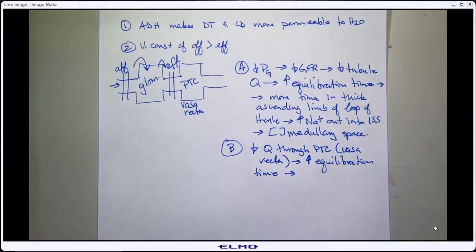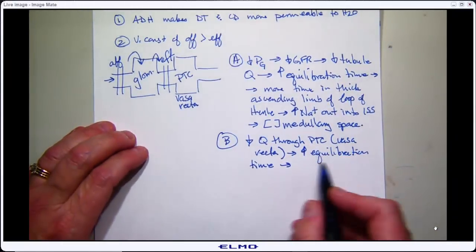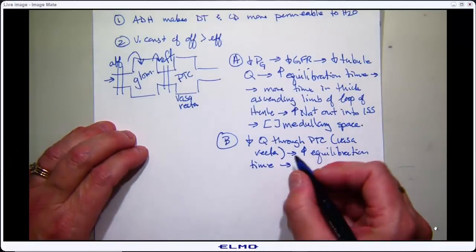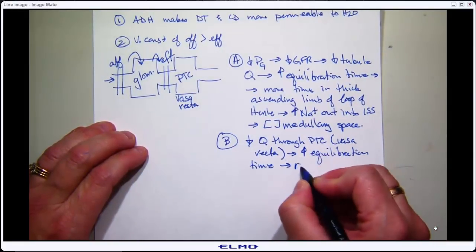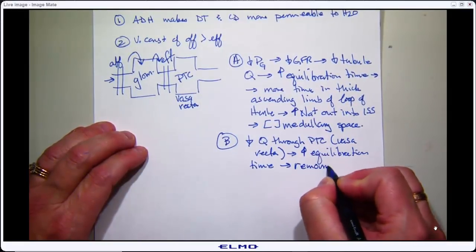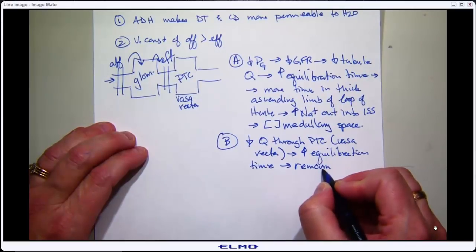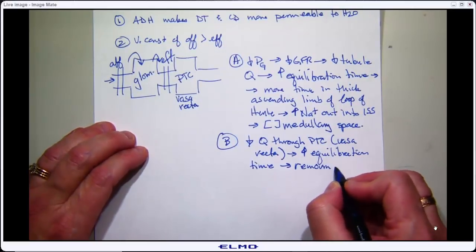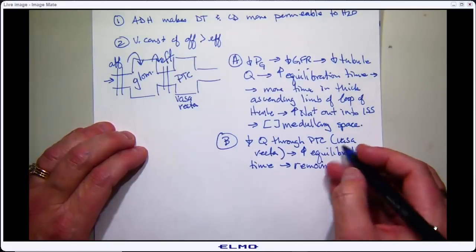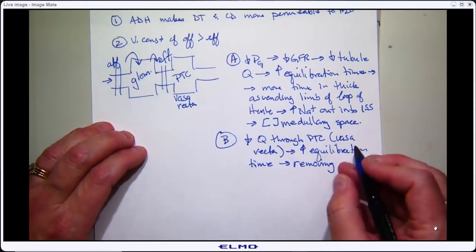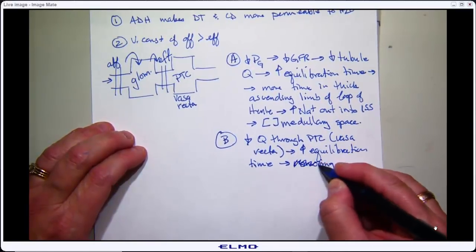I'm going to put this argument down, and then we're going to look at the tube and see how that works. Okay, so I'm going to write it down here first, and then we're going to go back to the tubule to see it work. So that increase in equilibration time is going to result in removing less solute.